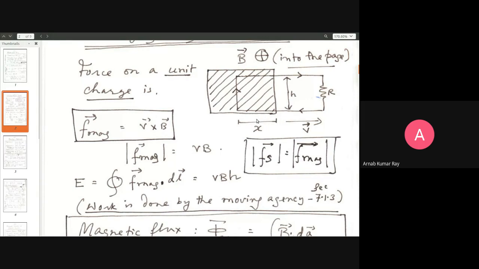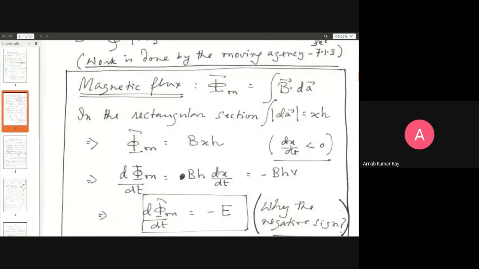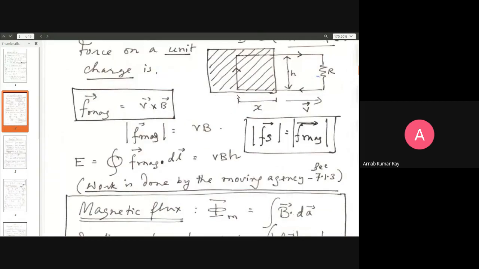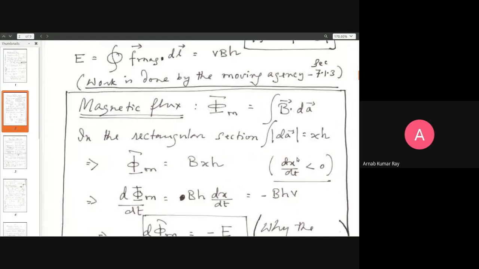So dx dt will be a negative quantity, because this width will reduce as the wire is going to the right in time. H is a constant, B is a constant, so they will not participate in this derivative process.